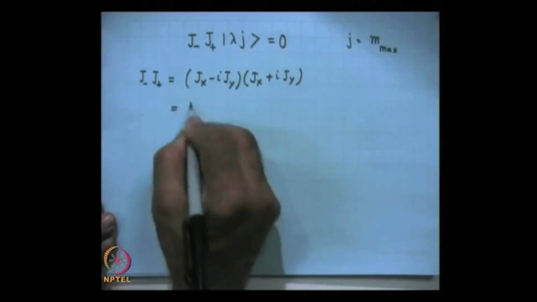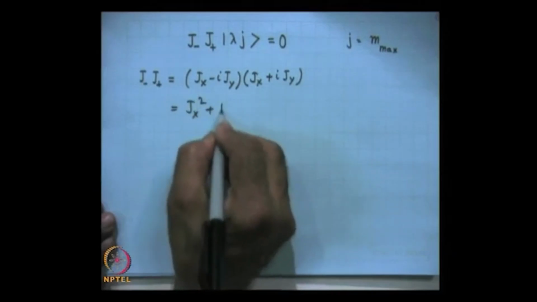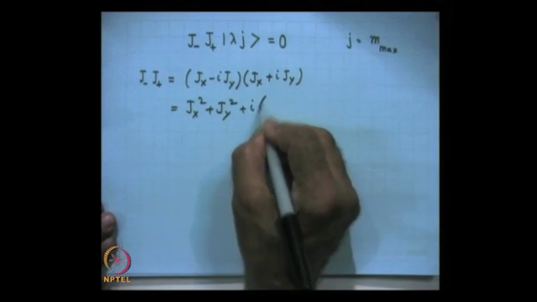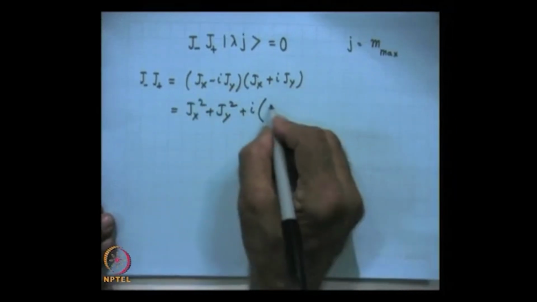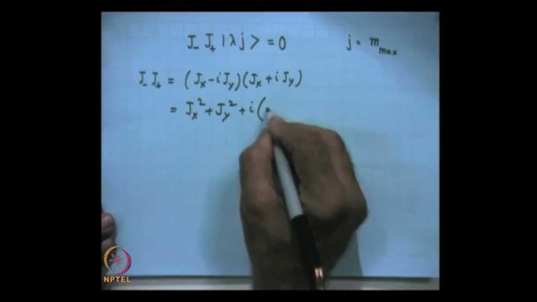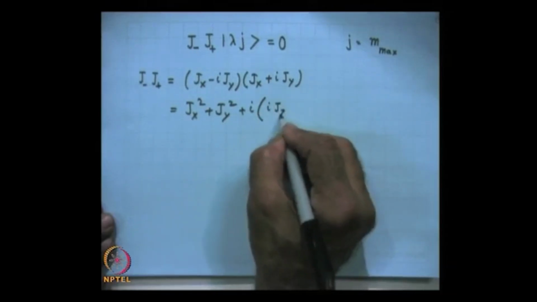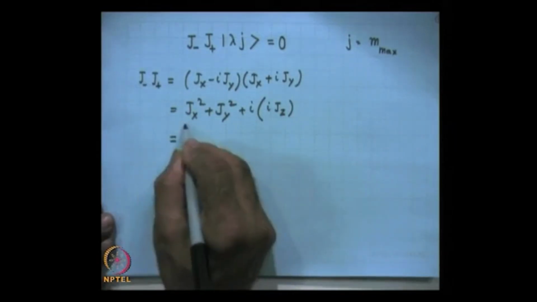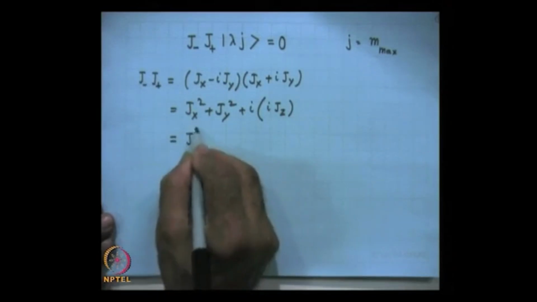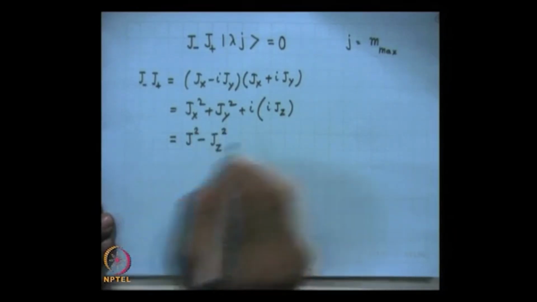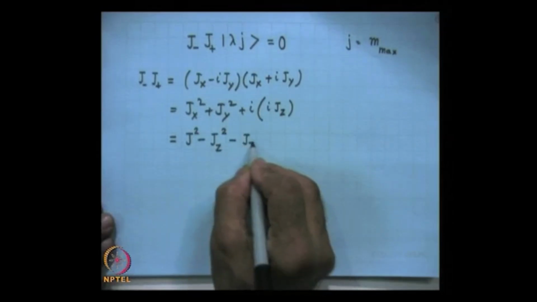So, this is Jx square plus Jy square, and plus i (Jx Jy minus Jy Jx), so that is i Jz. So, this is equal to J square minus Jz square minus Jz.